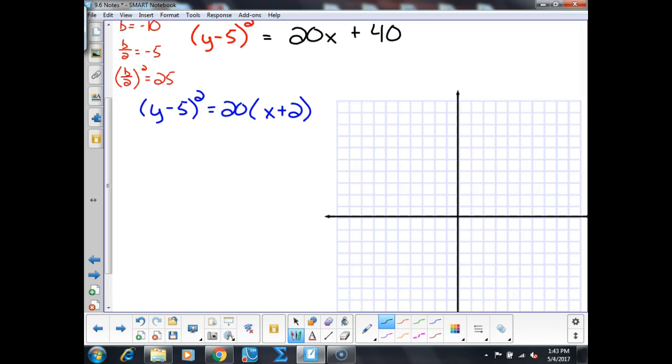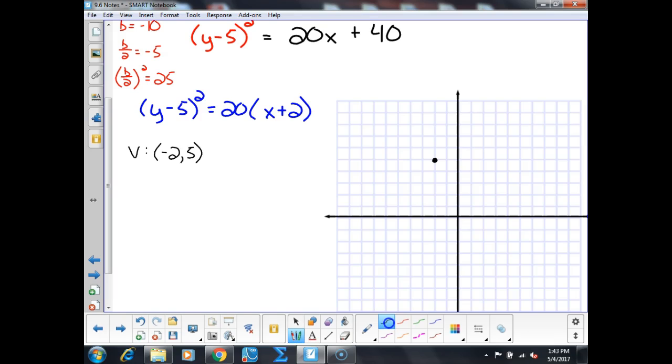We said it was a parabola, right? Okay, so what's the vertex? Negative 2, 5. 2, 1, 2, 3, 4, and 5. Okay. What else do I need for a parabola?